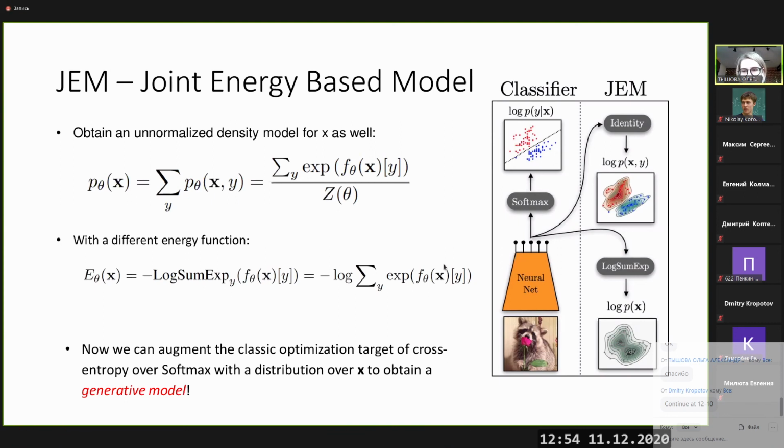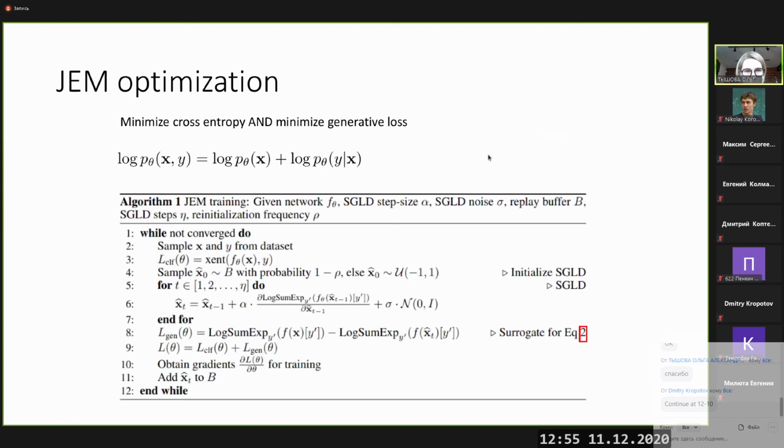Because in the case of the image classifier, everything is already well known. We just take some loss function, for example the cross entropy function, and we minimize it with regard to our network. In order to optimize this joint energy-based model, or JEM for short, we use the following property.